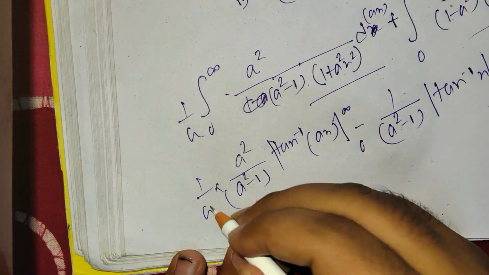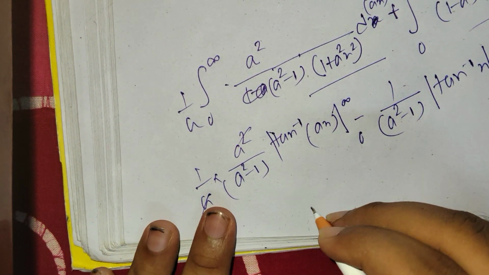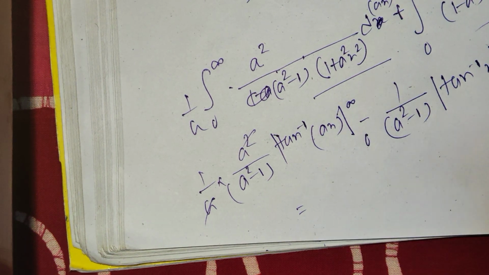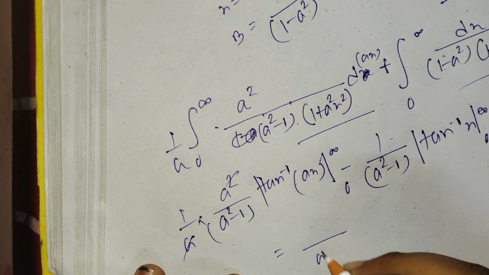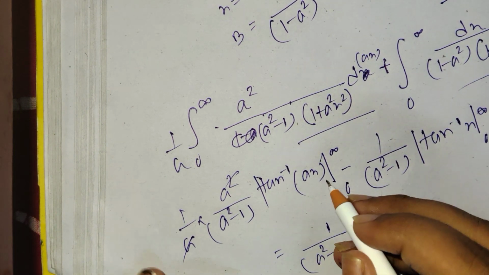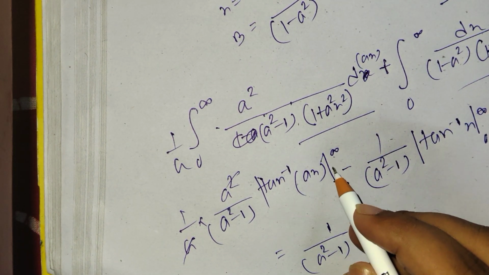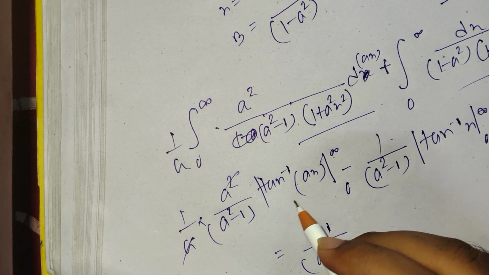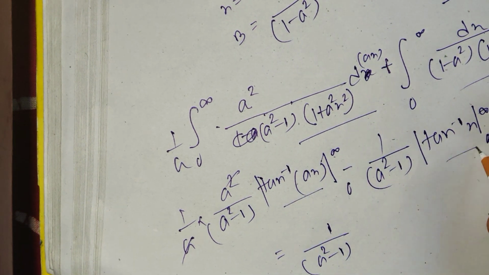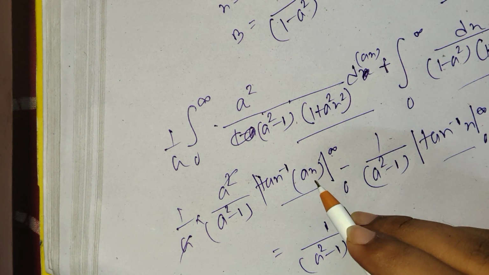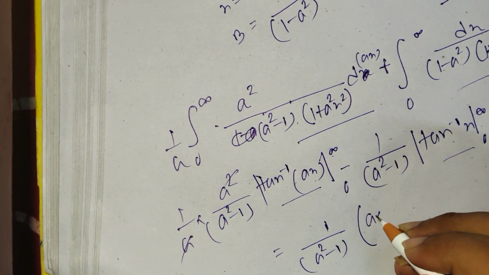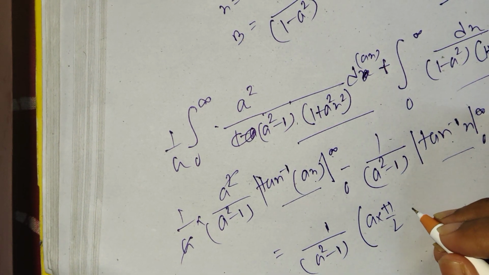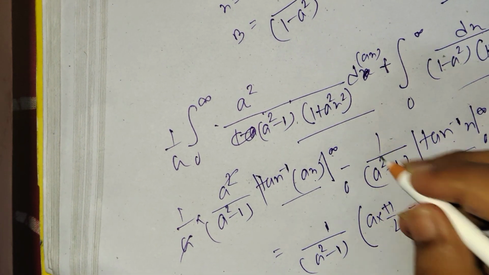Now basic algebra, hopefully you can understand. The value of tan inverse infinity is pi by 2 for both of these. So this is pi by 2 and this is also pi by 2. We just have to multiply a into pi by 2 minus pi by 2, because there is no a.